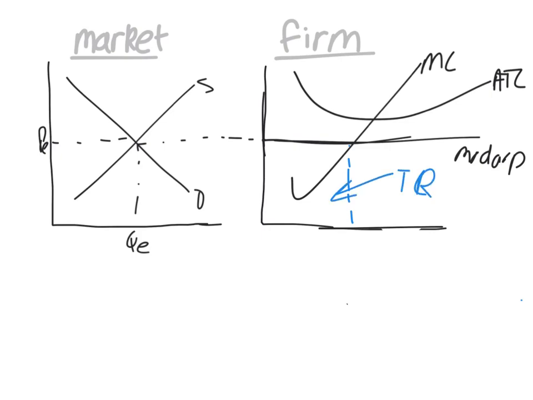Now we can switch to green here. Same point, our profit maximizing point. We go up, and here is our total cost box when it hits average total cost. Now in this case scenario, total revenue is less than total cost.